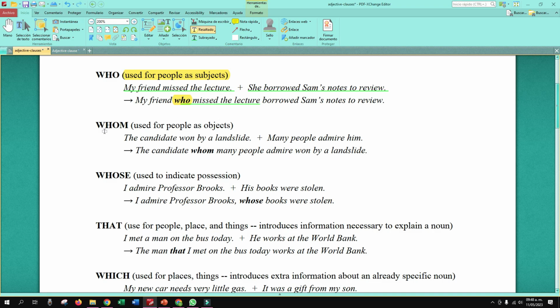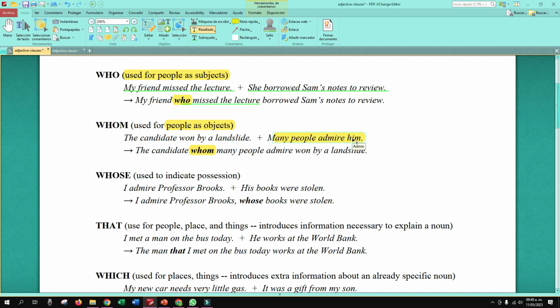Also, whom is used for people but as objects of that sentence. For example, the candidate won by a landslide. Plus, many people admire him. So you're going to add information about the candidate in this case. So the candidate whom many people admire.